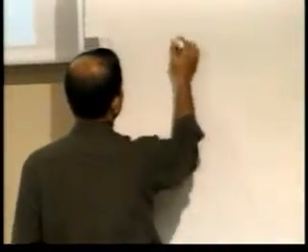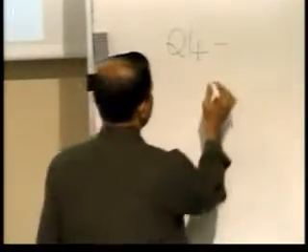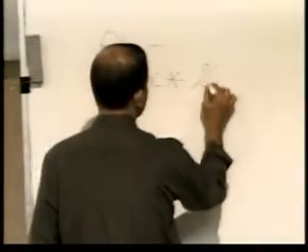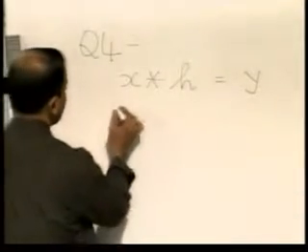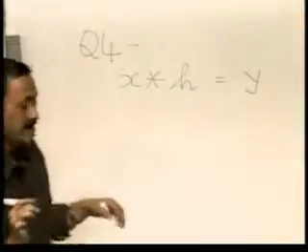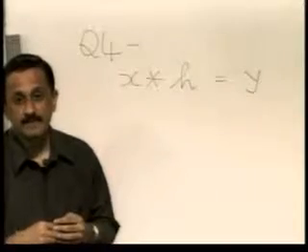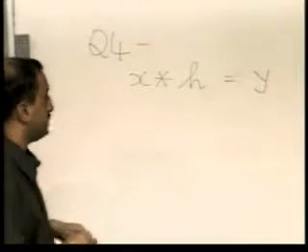Now, in question number 4, you are given that x convolved with h is y. In other words, if you have an input x(t) and impulse response h(t), and the output is also a function of time, then there is this convolution relation between them.